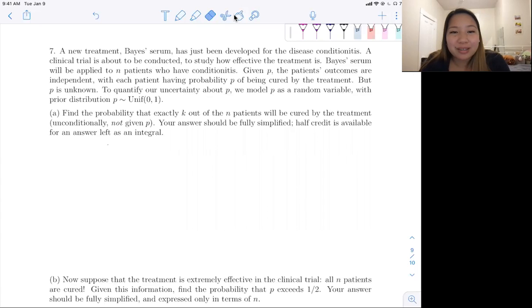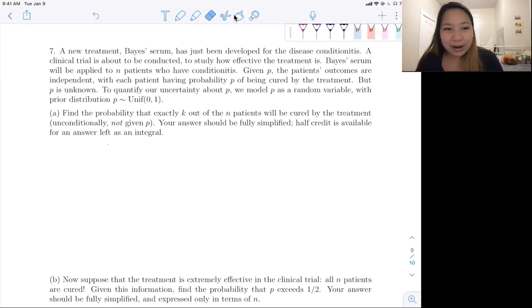Bayes serum will be applied to N patients who have conditionitis, and given P, the patients' outcomes are independent, with each patient having probability P of being cured by the treatment. But P is unknown. To quantify our uncertainty about P, we will model P as a random variable with prior distribution Unif(0, 1). So that's a classic beta-binomial conjugacy thing, which is one of my favorite things in this class.